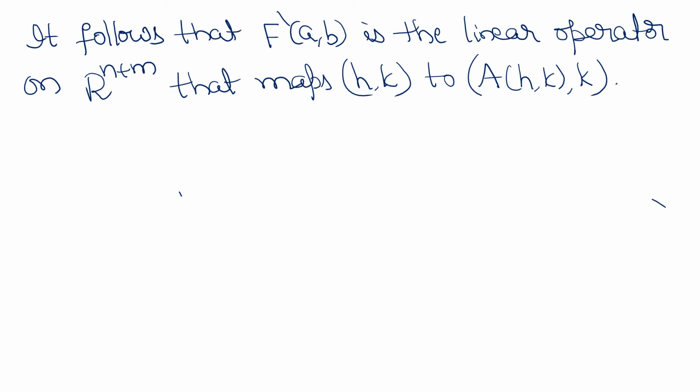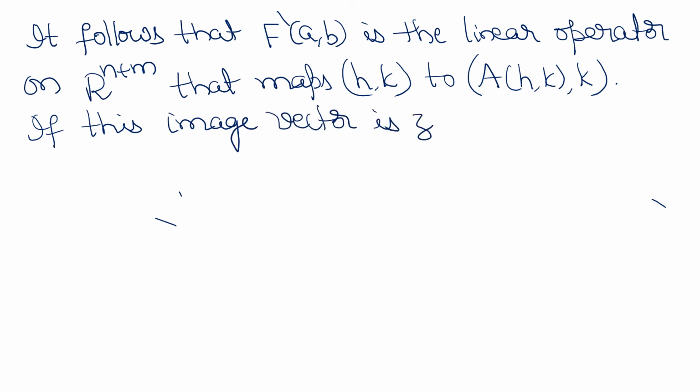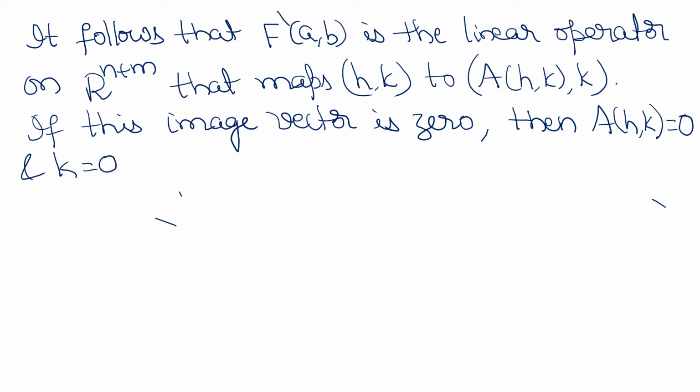Suppose this image vector is 0. Then what do we get? A of (h, k) is equal to 0 and k is equal to 0. That's what happens, isn't it?